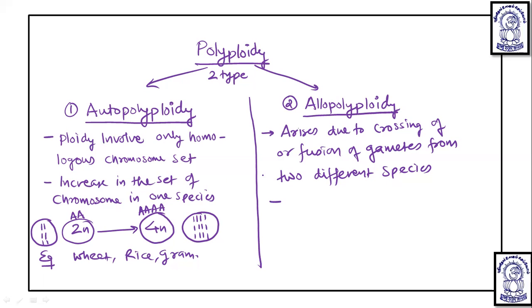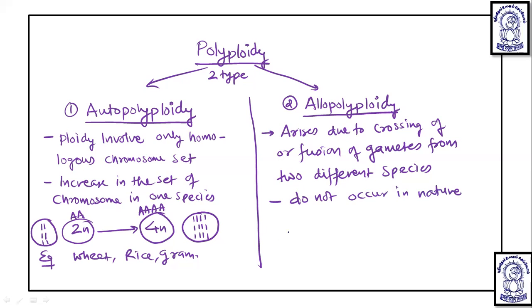This allopolyploidy does not occur in nature actually. However, some cytologists have produced allopolyploidy in certain plants by a selective breeding method.